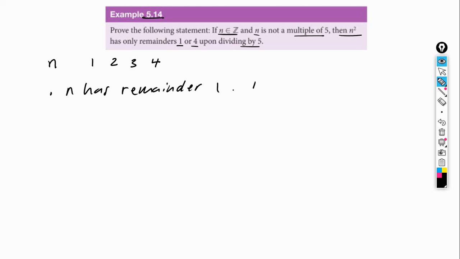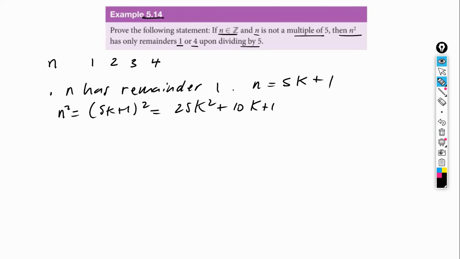In this case, we can write n in the form 5k plus 1. So if we go n squared, notice that n squared is going to equal (5k plus 1) squared, and this is going to give us 25k squared plus 10k plus 1, but this is going to equal 5 times (5k squared plus 2k) plus 1. So notice that we get a remainder 1.